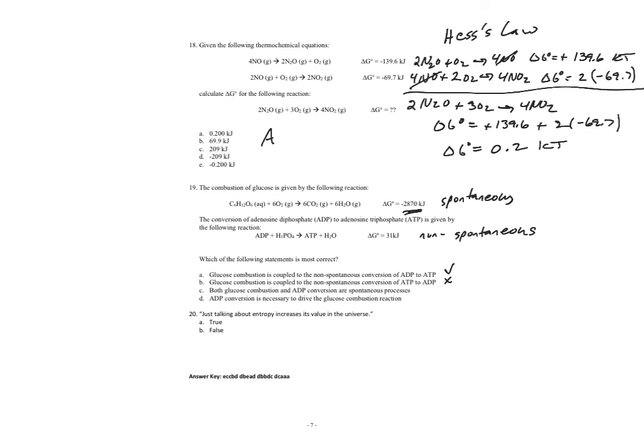Both of these are definitely not spontaneous because delta G in our second reaction is positive, and ADP is necessary to drive glucose. That's wrong. Glucose combustion is necessary to drive ADP conversion. All right, so choice A would be the right answer here.